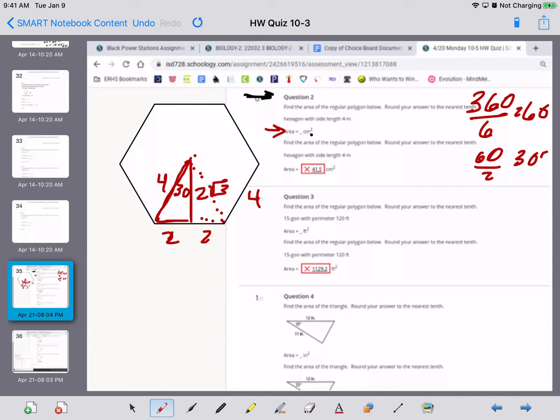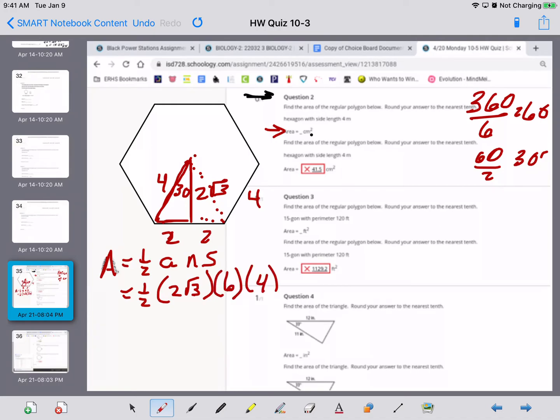So now I can find the area of this hexagon by talking about my area being 1/2 a n s. 1/2 of a, being 2 square root of 3, n being the number of sides, 6, and s being the side length, 4.